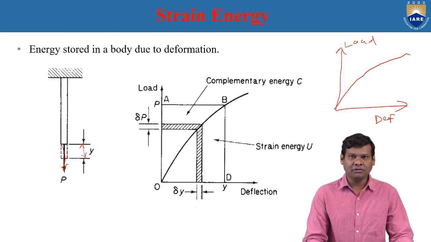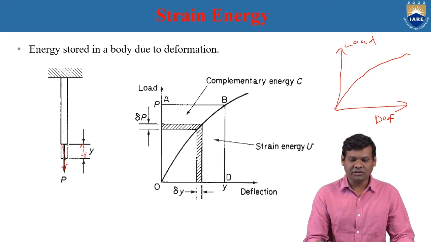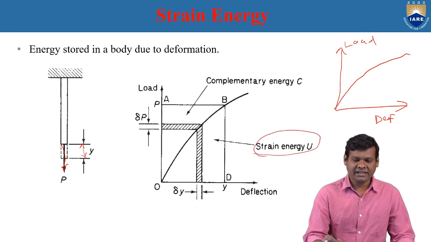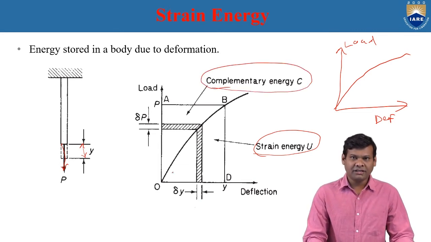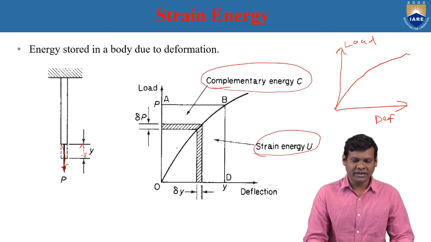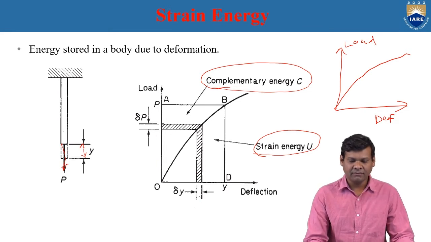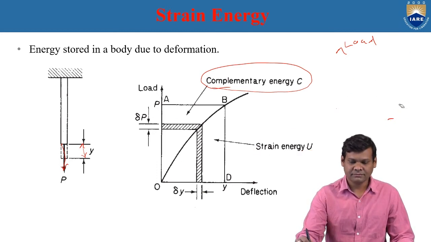When you look into the curve, what you observe is the strain energy U and the complementary energy U. As the load is increased from 0 to P, the deflection increases from 0 to Y. If we increase the load by delta P, we get a deflection increase of delta Y. And this is the load versus deflection curve for a non-linear system.